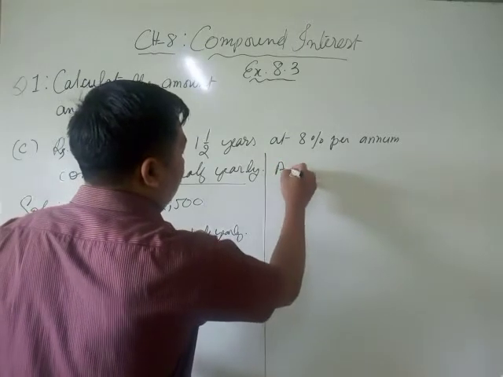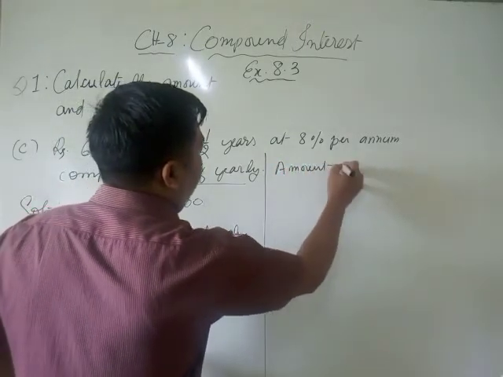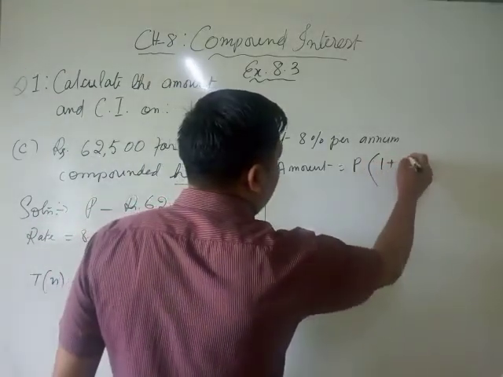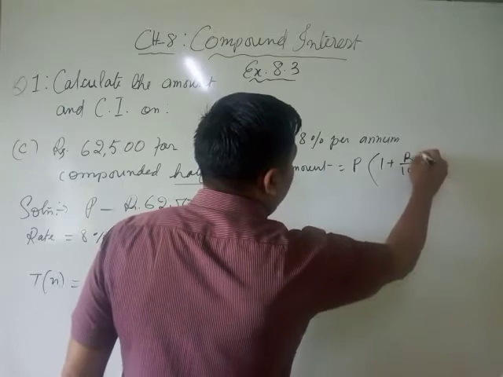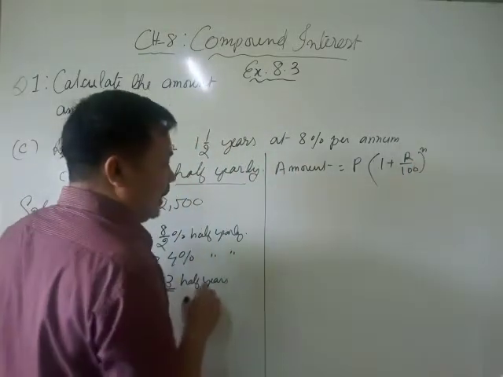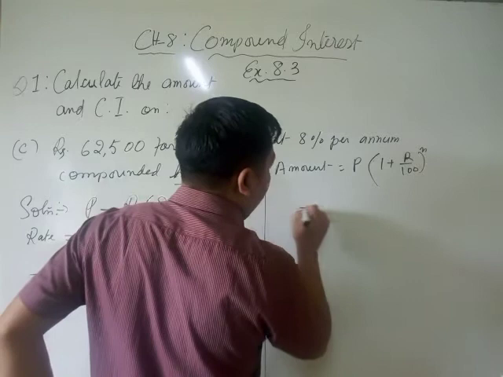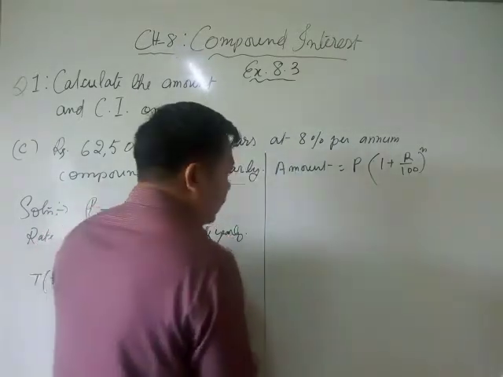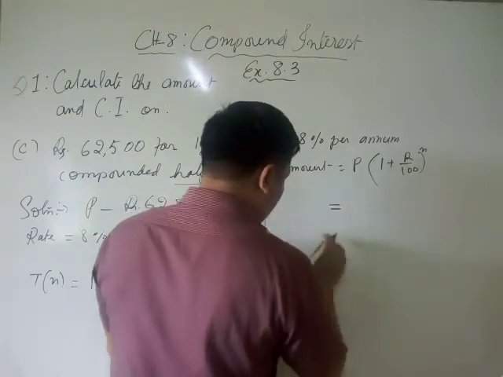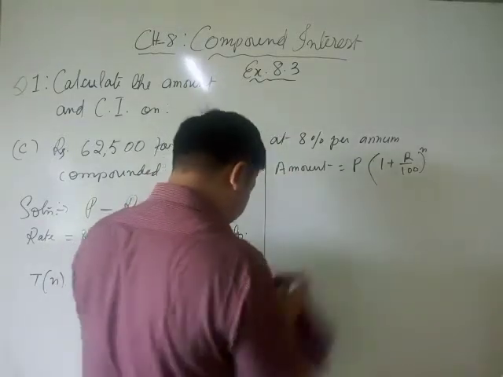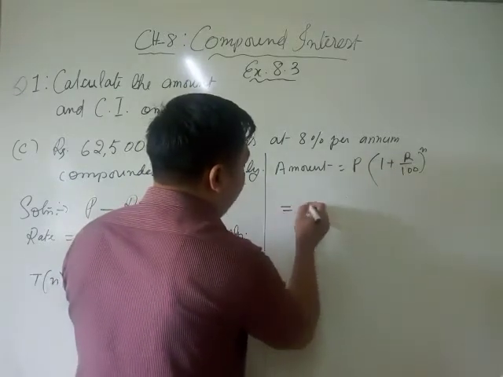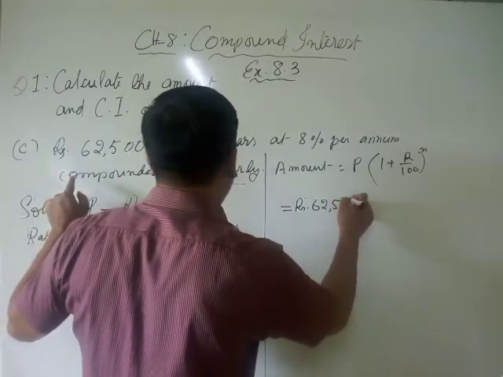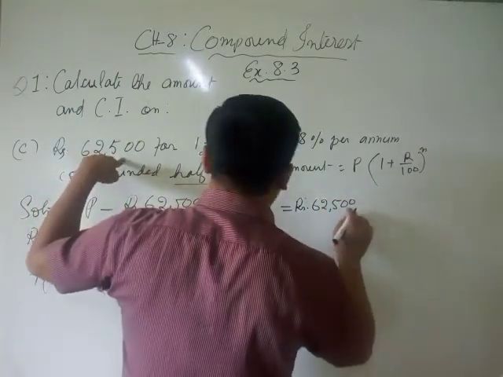So the amount, we know that, is P into 1 plus R upon 100 to the power n, isn't it? Now P will be rupees how much? 62,500 is the principal.